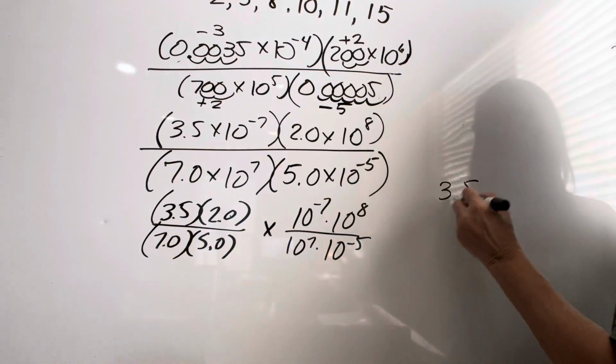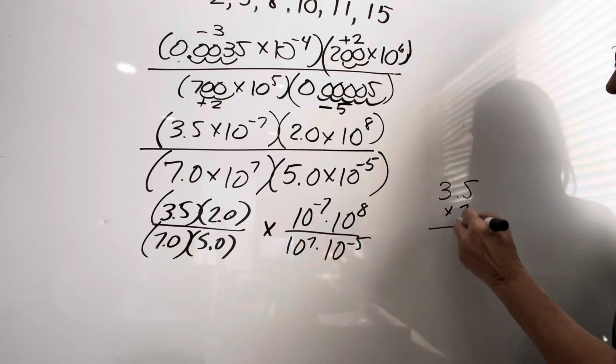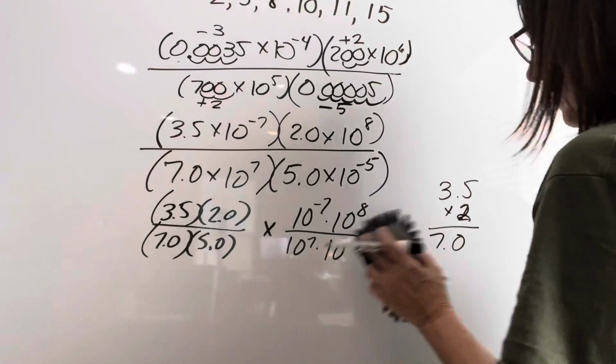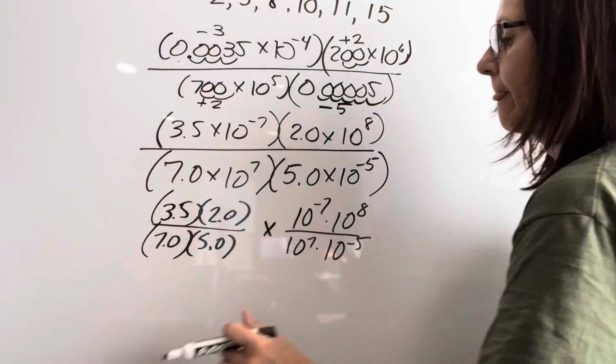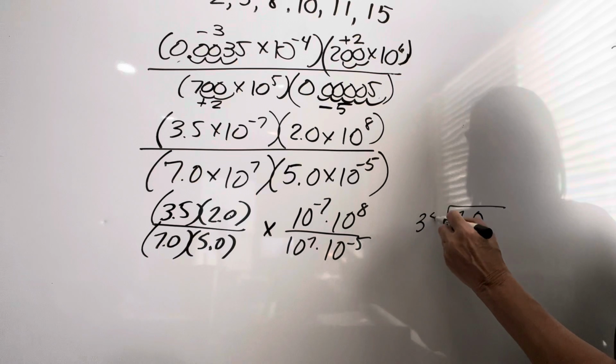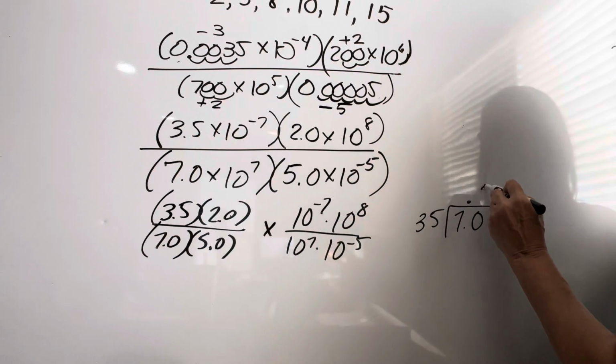All right, so this is going to be 3.5 times 2 is 7.0. And the denominator is going to be 35. All right, so we're going to do 7.0 divided by 35, and that's 0.2.